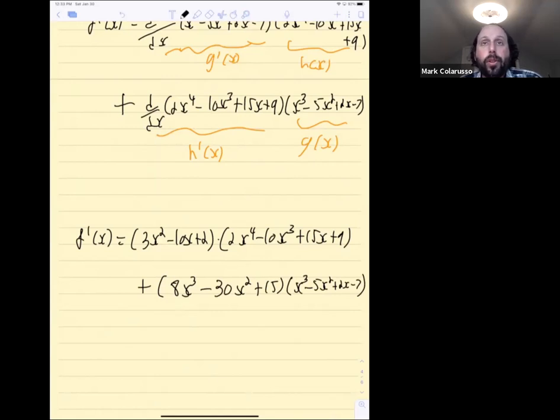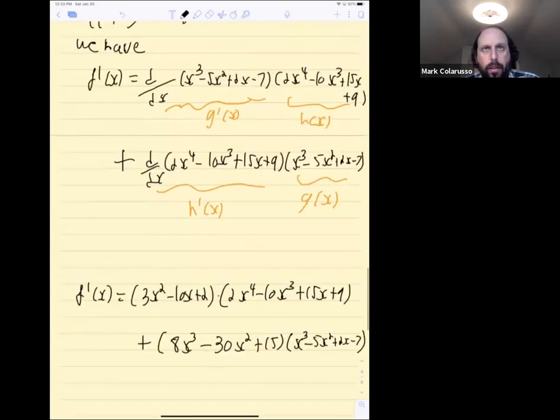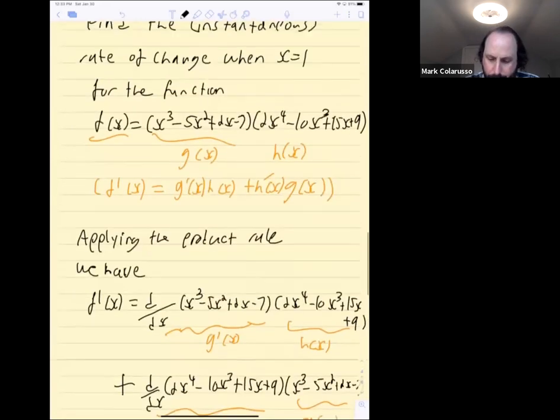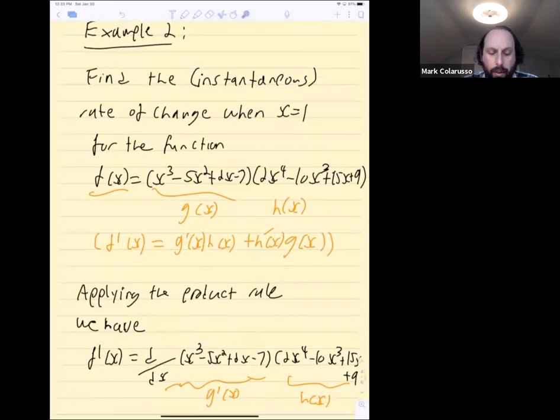Okay, so this looks pretty ugly, and you don't want to expand this out very much. But remember what we were after. We weren't after the formula for the derivative. We want to find the instantaneous rate of change for this function when x equals 1. Instantaneous rate of change, that's the slope at 1, or that's the derivative at 1.